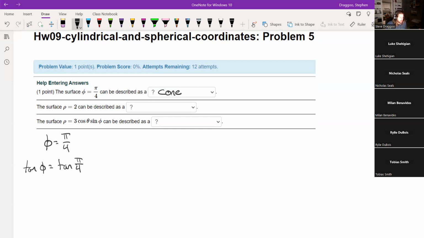The tangent of phi, sine over cosine, that's going to be r over z equals tangent of pi over 4, which is 1. So I'm briefly converting to cylindrical coordinates because I think it'll be easier. So I've got the equation r equals z.